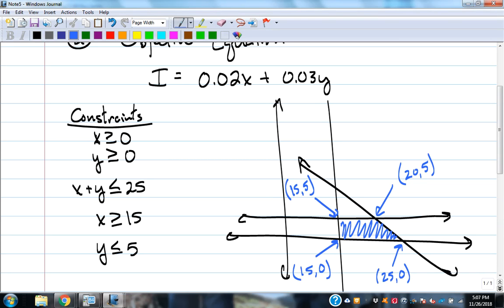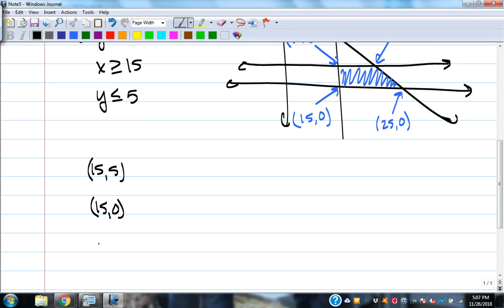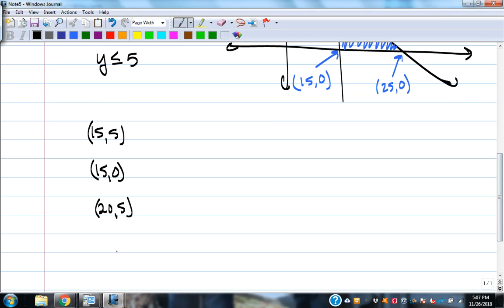So I'm going to take each of those ordered pairs: 15, 5, 15, 0, 25, and it doesn't matter what order you check them in, and then 25, 0. I'm just writing them in some order. And I would plug those in to the objective equation.